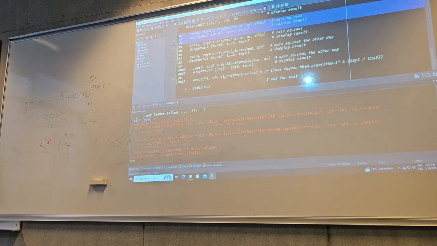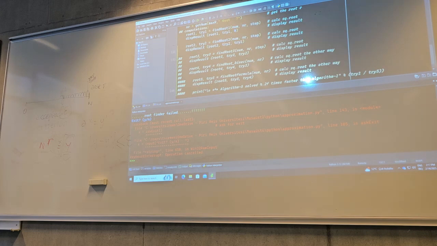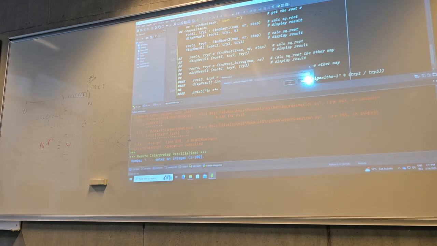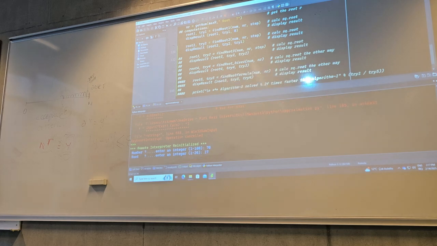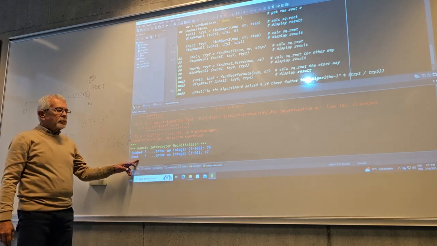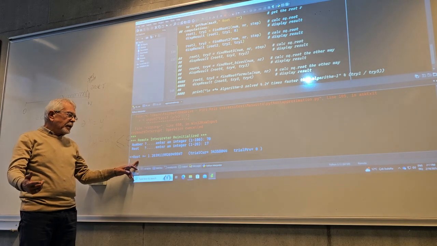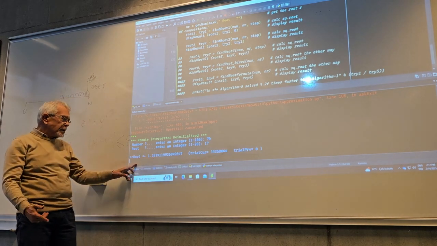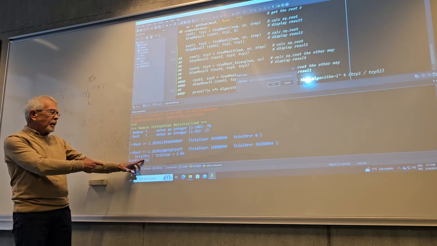Comment it out. Okay. Now it will give the second solution first and second solution, and it will compare. So I'll give the same numbers. What was it? 70 and 17, right? 70. So let's compare the results. Waiting. This is the first solution, and this is the second solution.